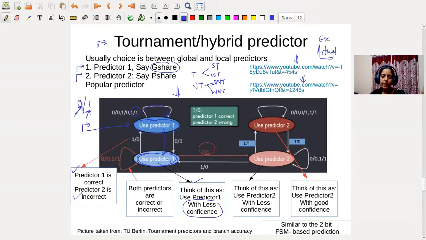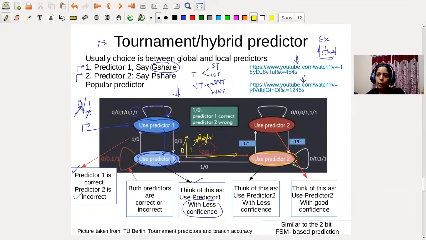Now again, let us say this predictor 1 goes wrong. If this predictor 1 goes wrong again, this means that it is again going to give us this kind of an indication where predictor 1 is wrong and predictor 2 is right. Then what we do is we change the state and we use predictor 2. So you have to go wrong twice with the same predictor before you switch the predictor itself.